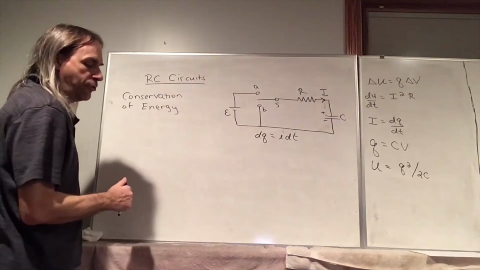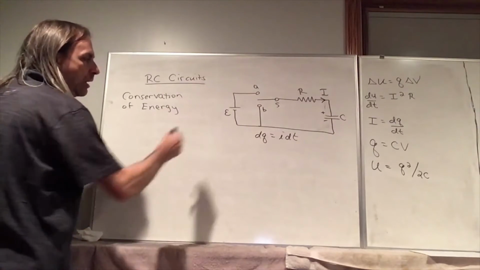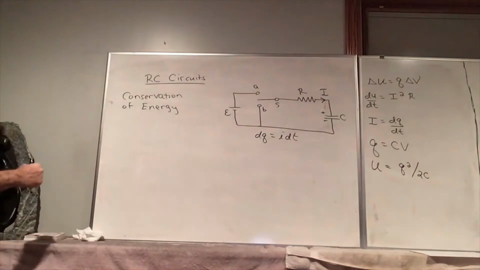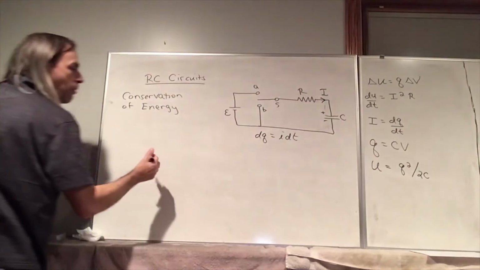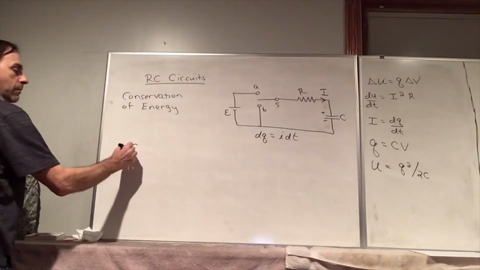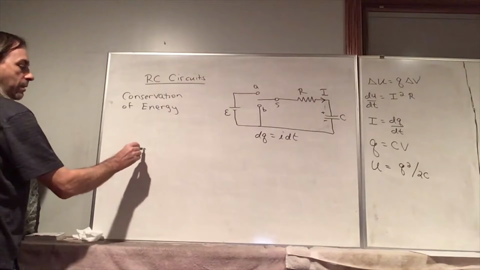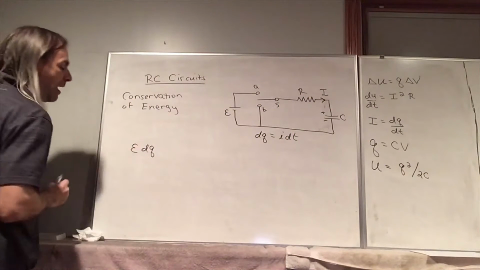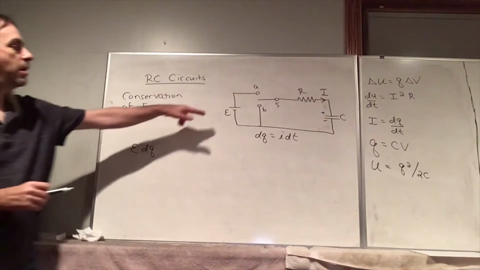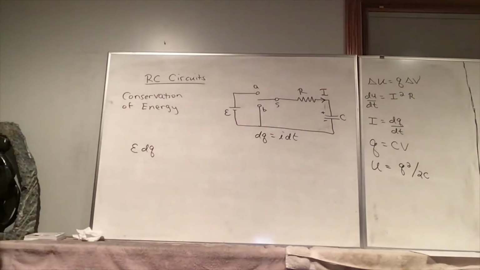Say a charge dq is flowing in that time. What's being supplied by the battery is epsilon dq. If you have a charge flowing through the battery, it gains this amount of energy.